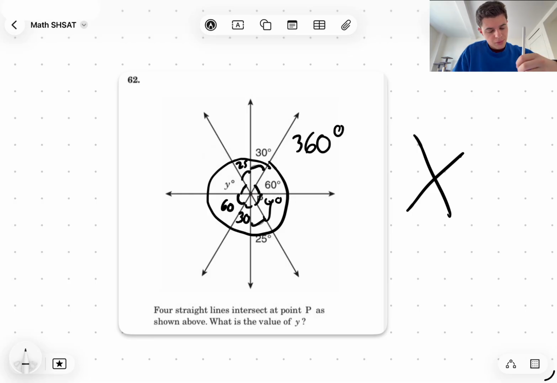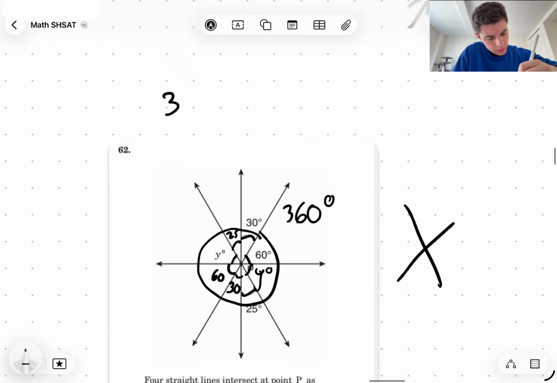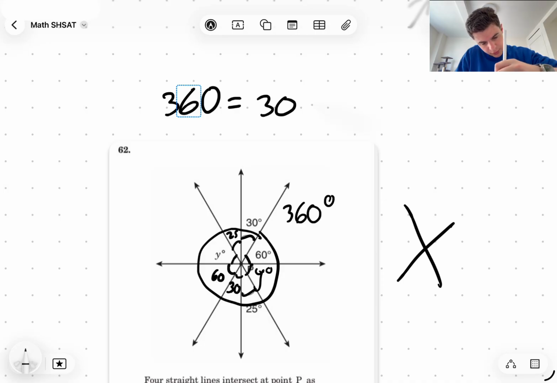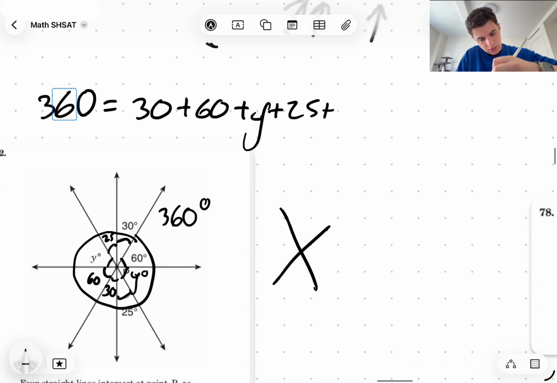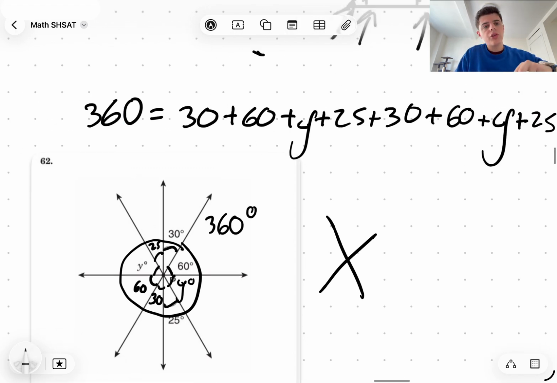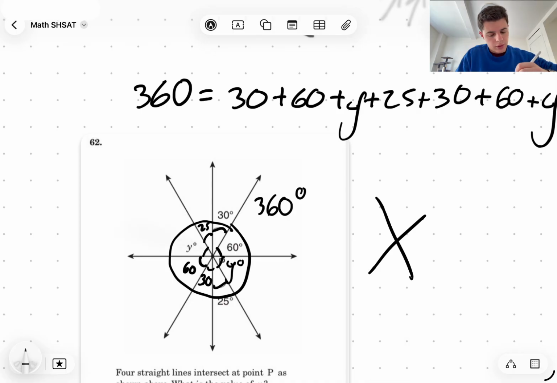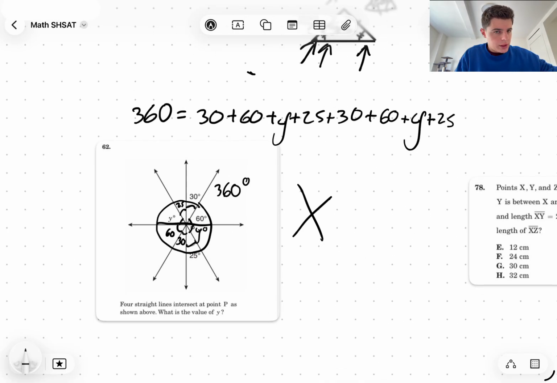So now we know 360 degrees equals, let's just go clockwise, 30 plus 60 plus y plus 25 plus 30 plus 30 plus 60 plus y plus 25. Just to be clear, there is a faster way to do this if you just take 180, but it's fine. Both will lead to the same answer.